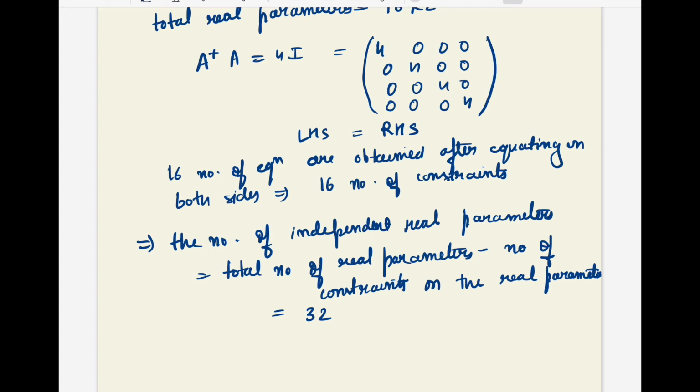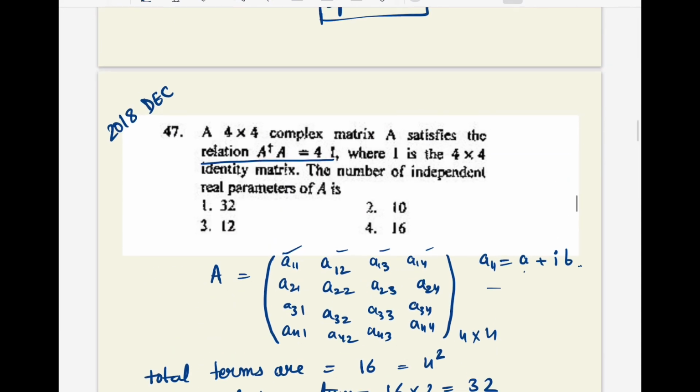The total number of real parameters is 32, and the number of constraints is 16. This becomes 16. So 16 is the answer, option 4.